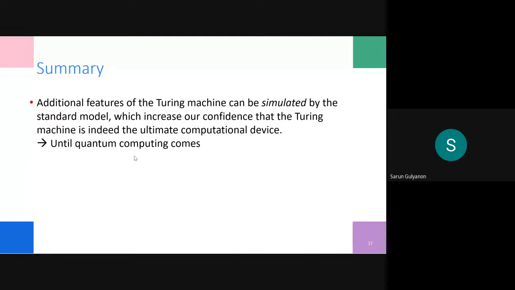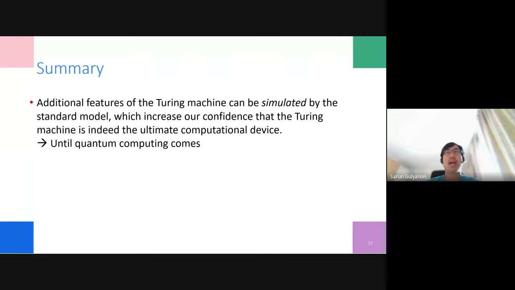To summarize what we have seen so far: at the beginning of this lecture, we looked at multiple variations of the Turing machine. We can see that even with the additional features, at first glance you might think that we added expressive power to the machine, but in fact we didn't.